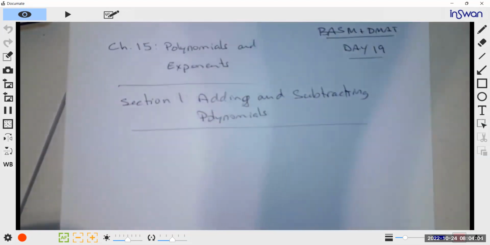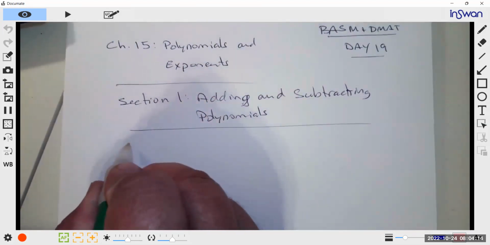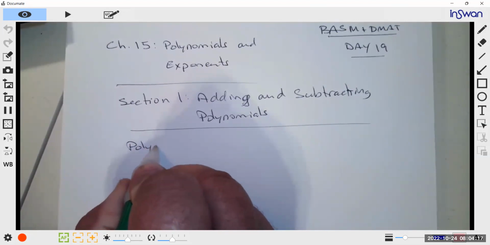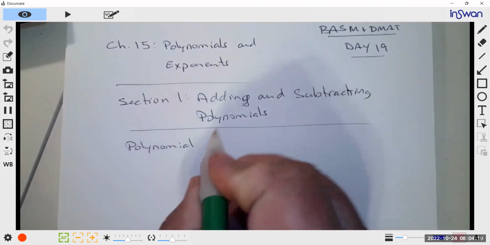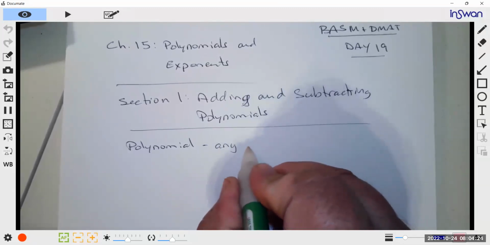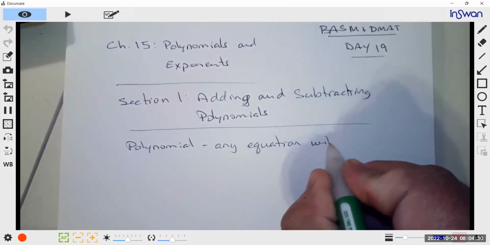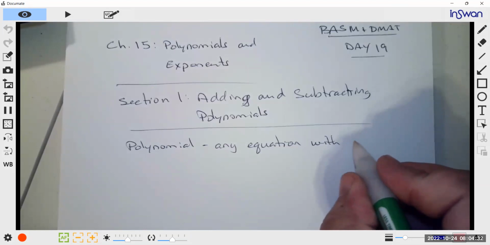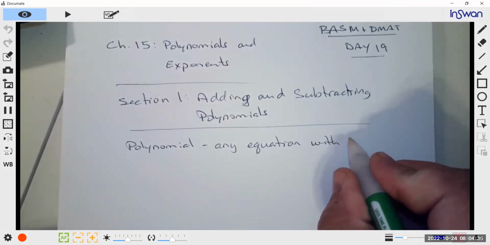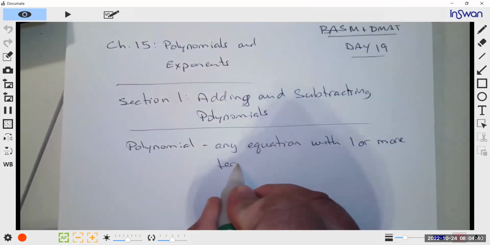First off, we have to define what exactly is a polynomial. Polynomial is any equation with one or more terms.